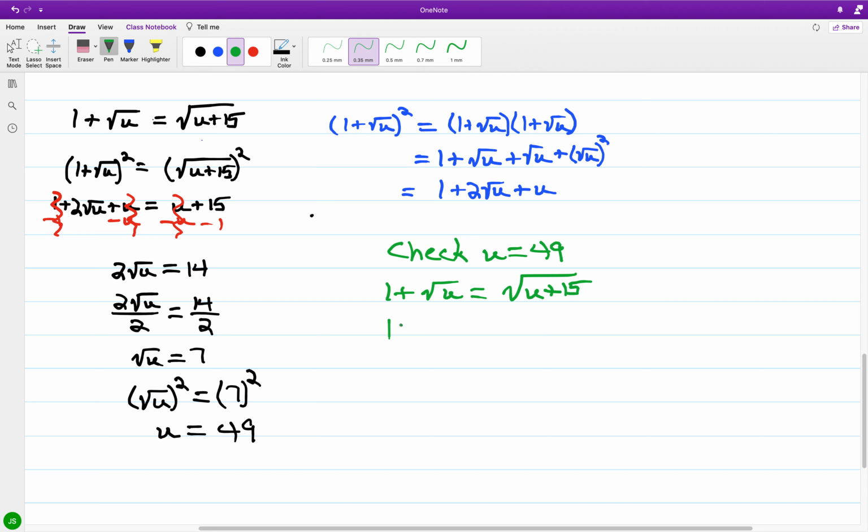we have 1 plus the square root of 49 is equal to the square root of 49 plus 15. Now 1 plus the square root of 49 is going to be 1 plus 7, and the sum of 49 and 15 will be 64. So 1 plus 7 is going to be 8, and the square root of 64 is also going to be 8.